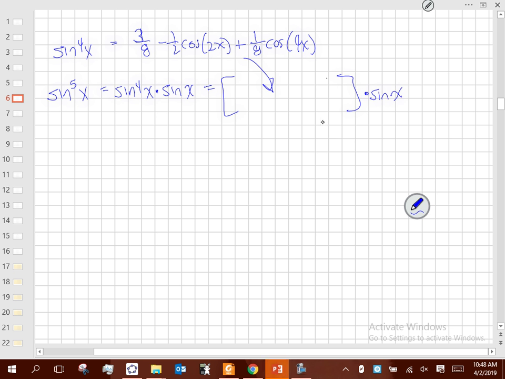That makes sense to everybody? So what it would end up giving me is 3/8 sine x minus 1/2 cosine 2x sine x plus 1/8 cosine 4x sine x. Distribute that sine through. So that's kind of the approach that you would use.